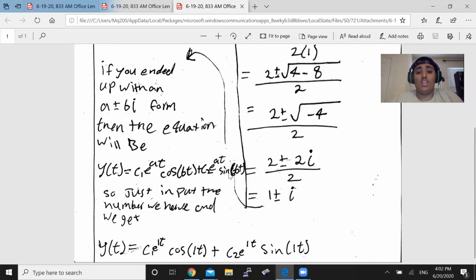With c1 we have a cosine, and with c2 we have a sine. We just plug in the information we already have. We have 1 for a, and for b, since it's an i with a coefficient of 1, b is also 1. So I plugged in 1 for a and b, and that's the general solution for this equation also. Hope you learned something.